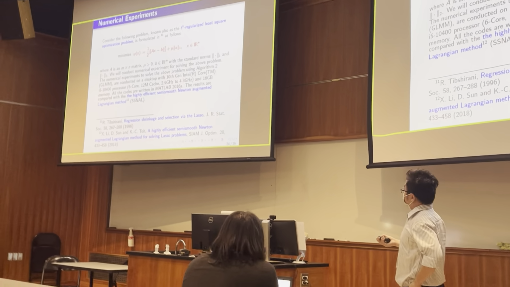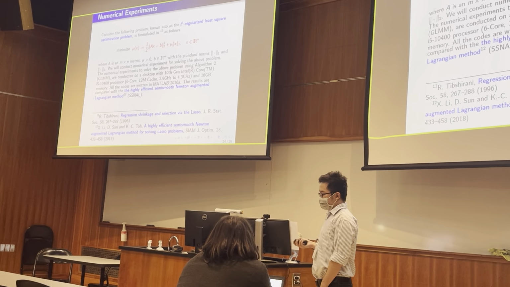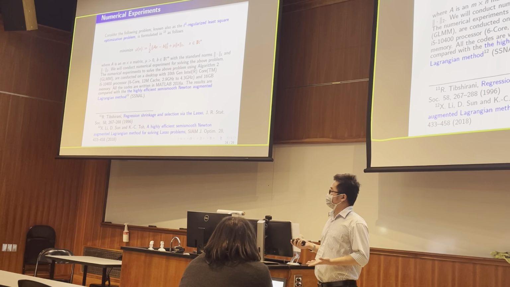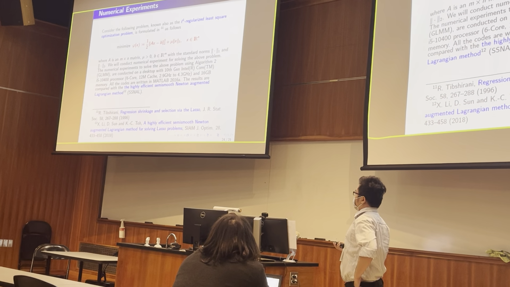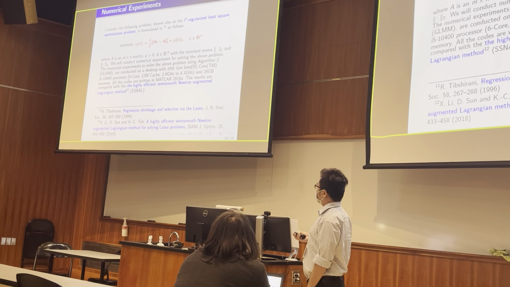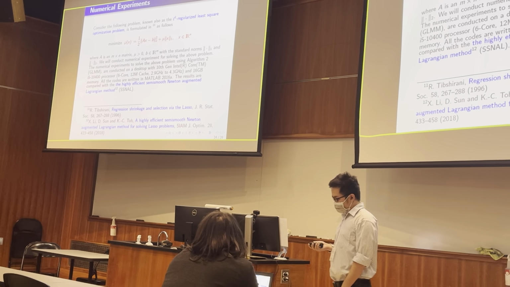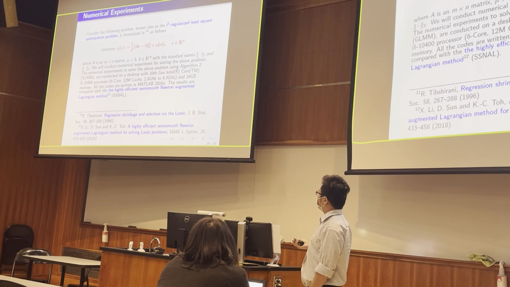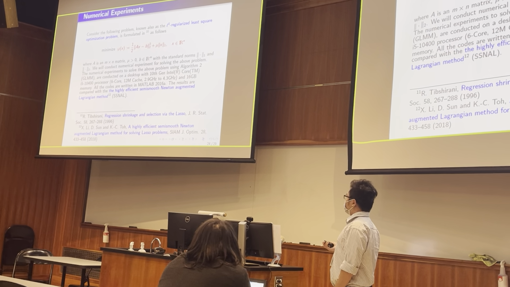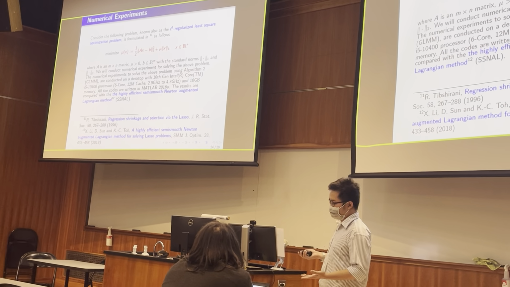And here we will use some numerical experiments to solve lasso problems. We will compare our algorithm with the highly efficient semi-smooth Newton augmented Lagrangian method, which was introduced by Li, Sun, and Toh in a paper entitled "A Highly Efficient Semi-Smooth Newton Augmented Lagrangian Method for Solving Lasso Problems."